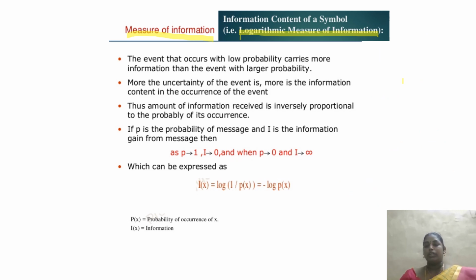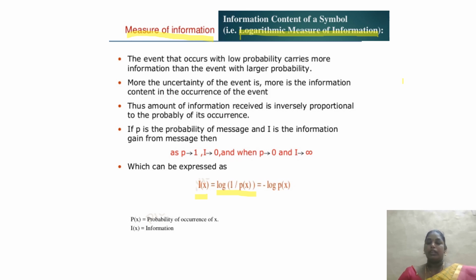So here also we are going to take the information content, or the logarithmic measure of the information. As we said, information is denoted with I of x, where this x may have n number of symbols from x1, x2, up to xn. I already said that the information content depends on the probability, and it is inversely proportional. If the chance of occurrence is less, then the information content will be more. If the chance of occurrence is high, the information content will be low.